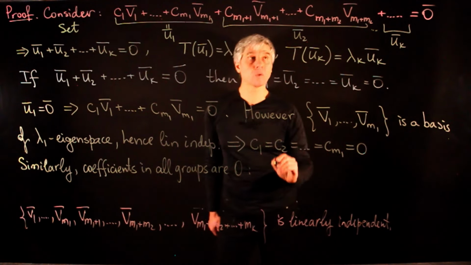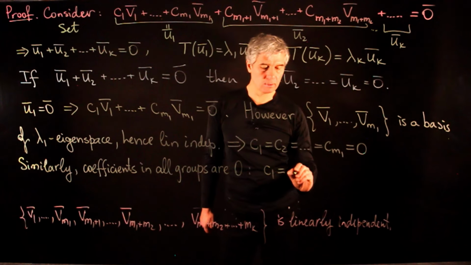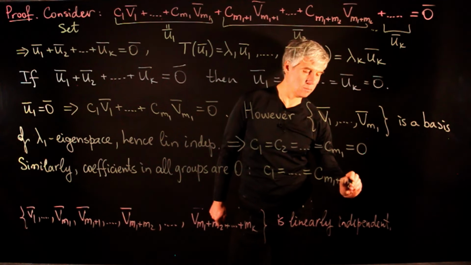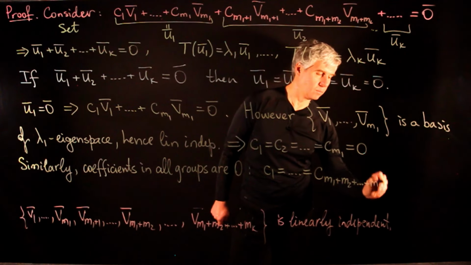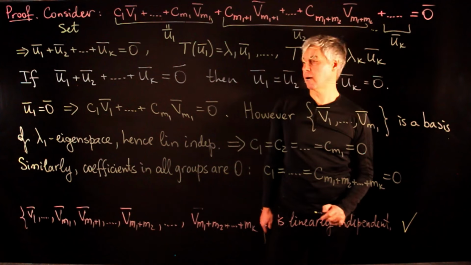So this means that all coefficients in this big linear combination are all 0 coefficients. And this gives us the claim of our proposition.